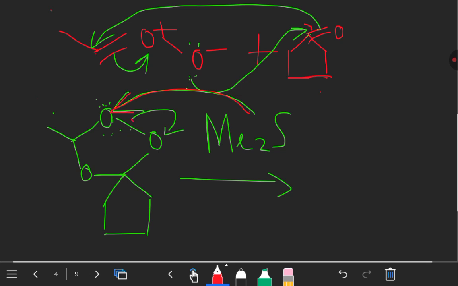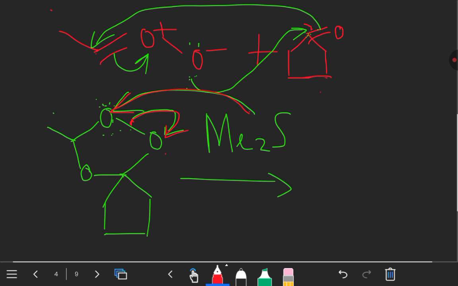Then this bond between oxygen and oxygen will break. Then the lone pairs of electrons will go to this oxygen which is here. Okay, then when that happens, we are going to have a structure which is going to be formed.